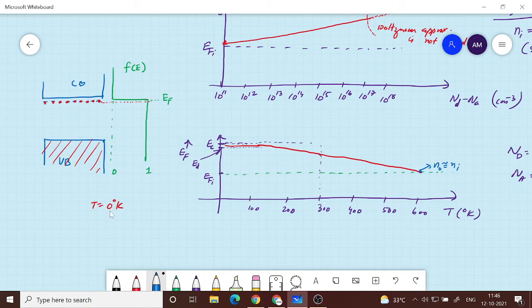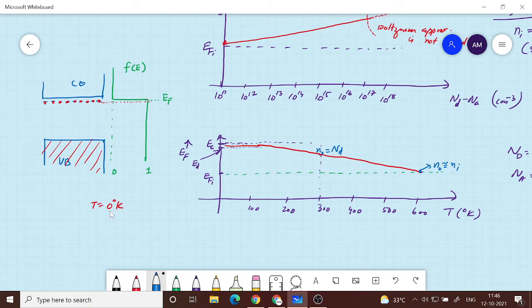But in the middle region you have N0 equal to Nd, so that is the middle temperature. In the intrinsic region, N0 is determined mostly by Ni. Here Ni is negligible, so we don't consider it. In that quadratic expression, if you leave out Ni, it will be Nd.